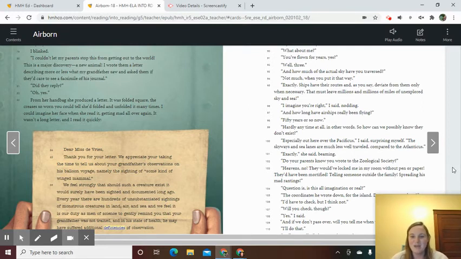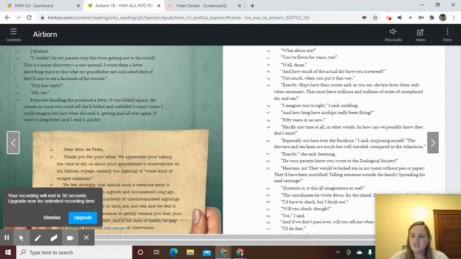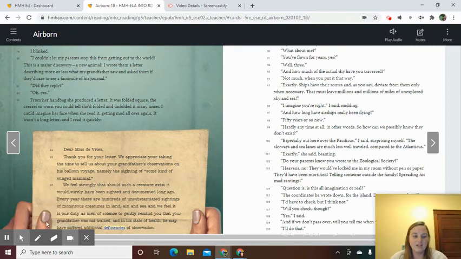Exactly, she said, beaming. Do your parents know you wrote to the Zoological Society? Heavens, no! They would have locked me in my room without pen or paper. They would have been mortified. Telling someone outside the family? Spreading his mad rantings?